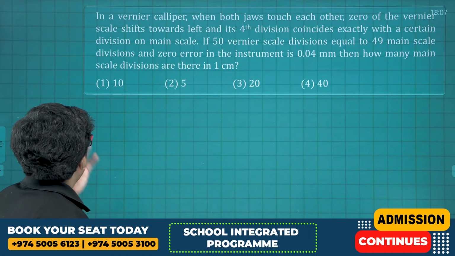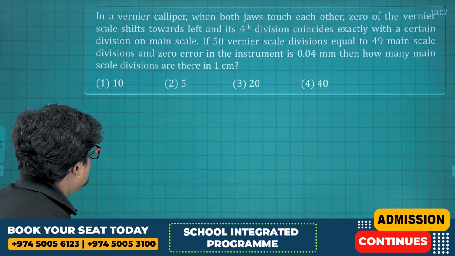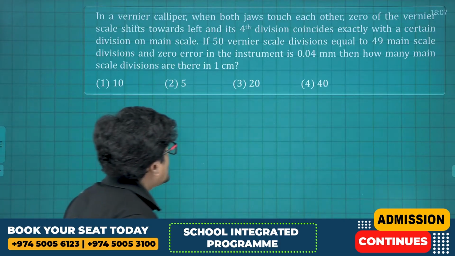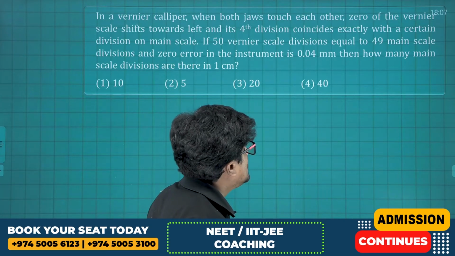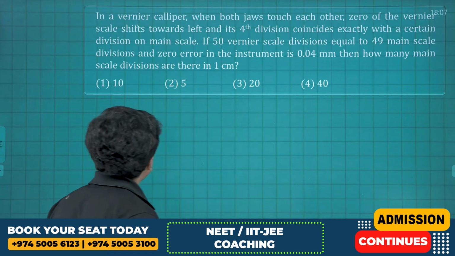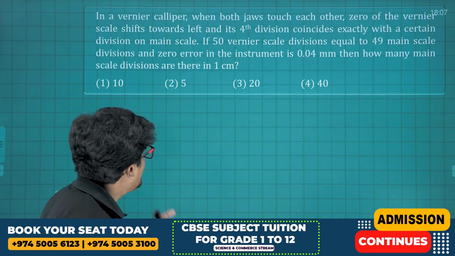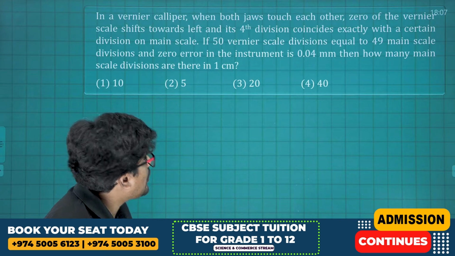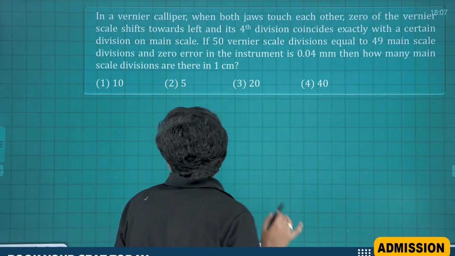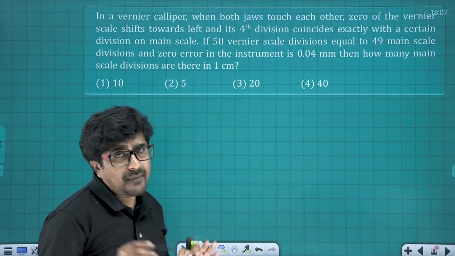The question says, in a vernier caliper, when both jaws touch each other, the zero of the scale is shifted towards the left and the fourth division coincides exactly with a certain division on the main scale.